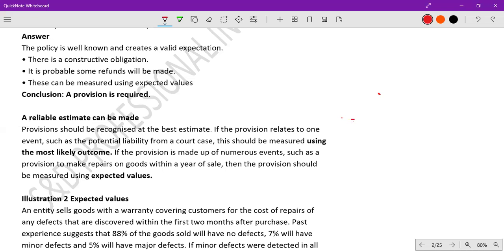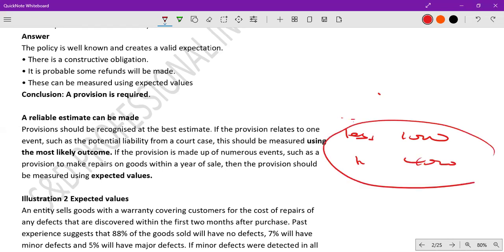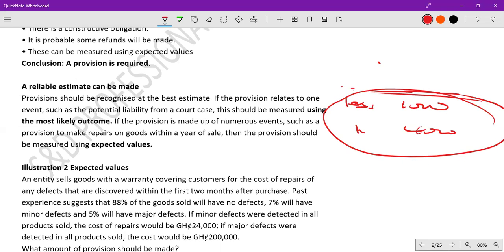But he can recollect that the amount is not less than 1,000 Ghana cedis and not more than 4,000 Ghana cedis. What is the estimate of this provision that we can include in the financial statements? 4,000, the highest amount? Okay. So the expected values.